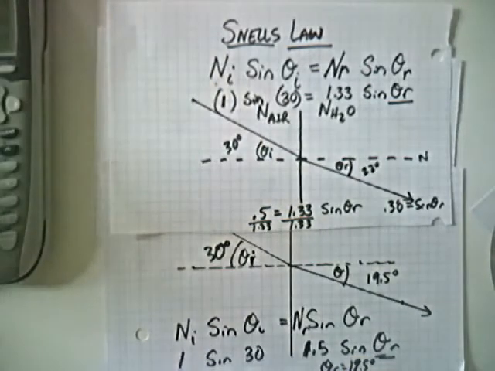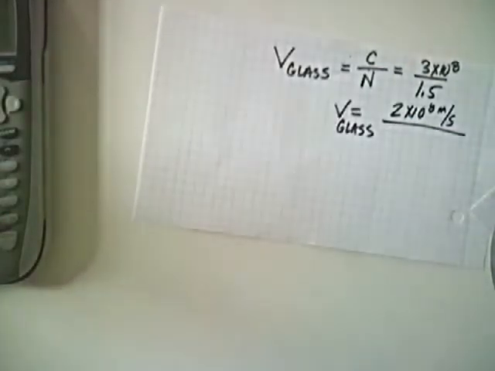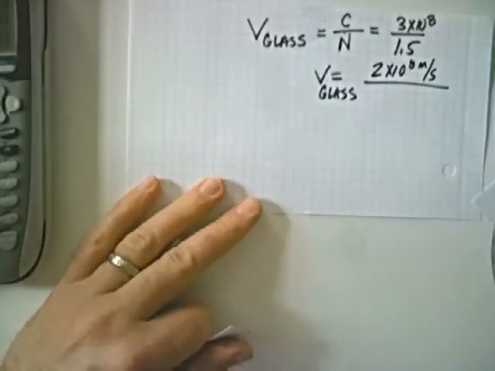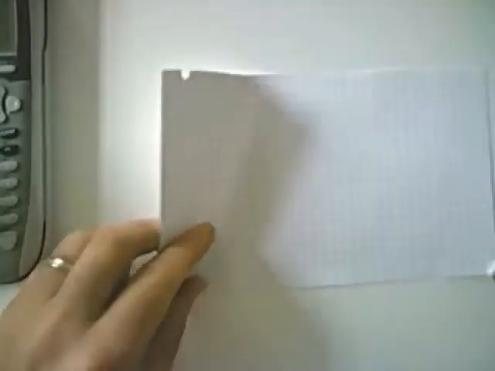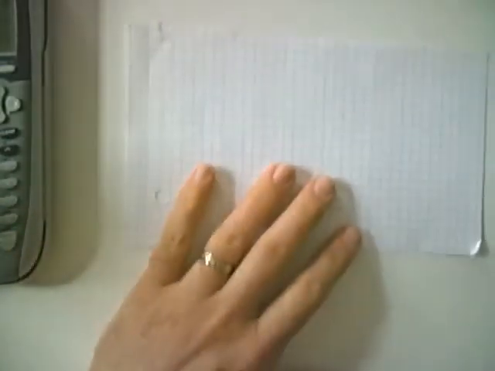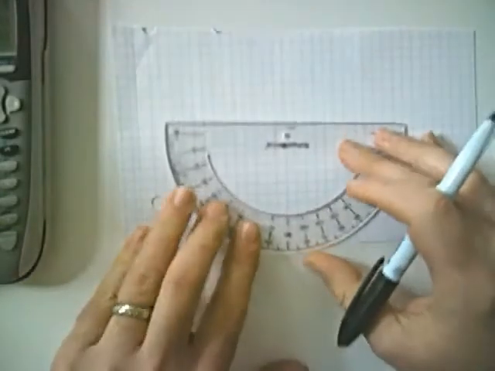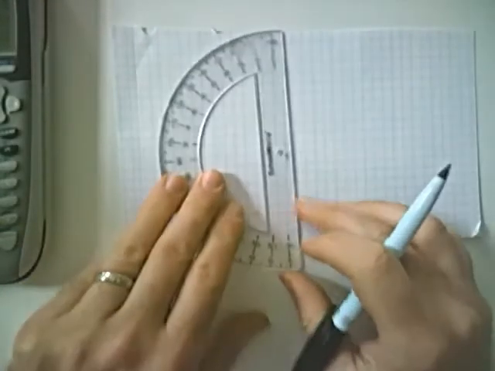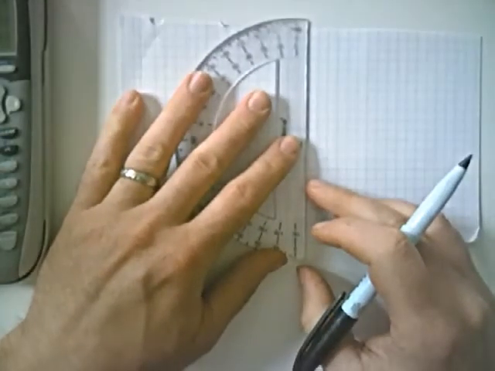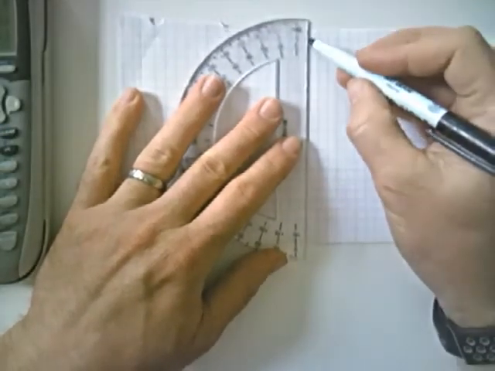Let's do it for diamond, because that's like the extreme. Let's run it for diamond, because that's going to be going really fast. All right, so diamond has an n value of 2.5. So let's create our boundary. Here's my boundary right here.